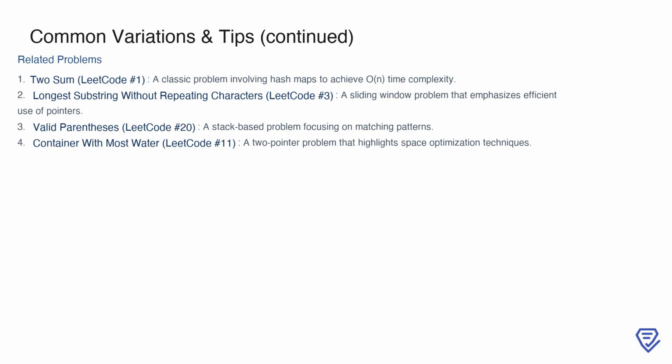Valid parentheses, LeetCode number 20, is a stack-based problem that focuses on matching patterns and maintaining order, a common interview scenario. Finally, container with most water, LeetCode number 11, showcases the power of the two-pointer approach, illustrating how you can optimize space usage and improve efficiency. These problems are excellent practice to solidify your grasp of fundamental techniques and prepare for variations you might encounter.